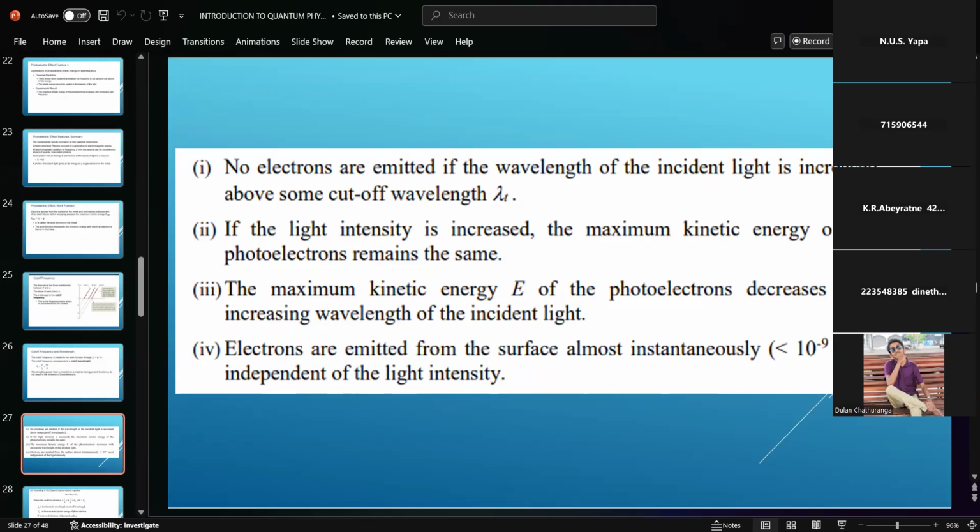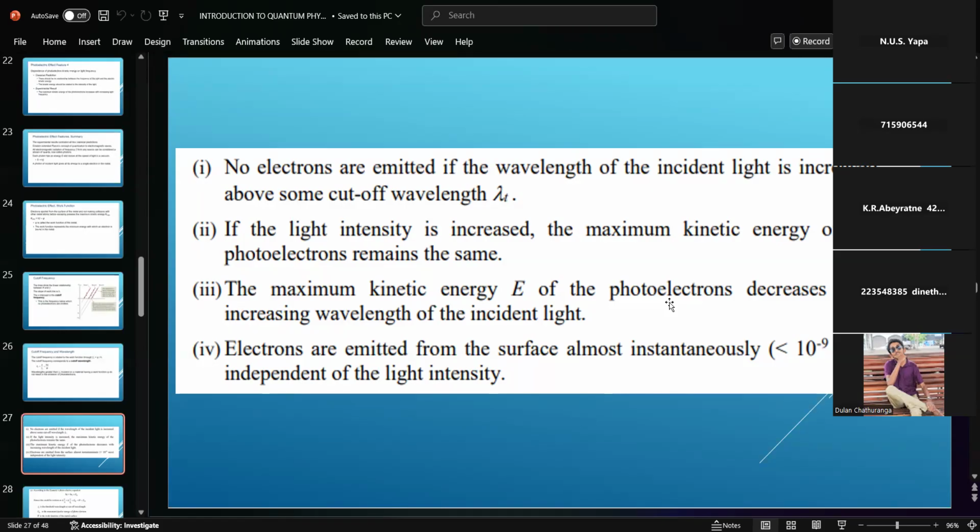We can explain these experimental results by the photon theory of light, the photoelectric effect, and describe why the classical arguments do not work.